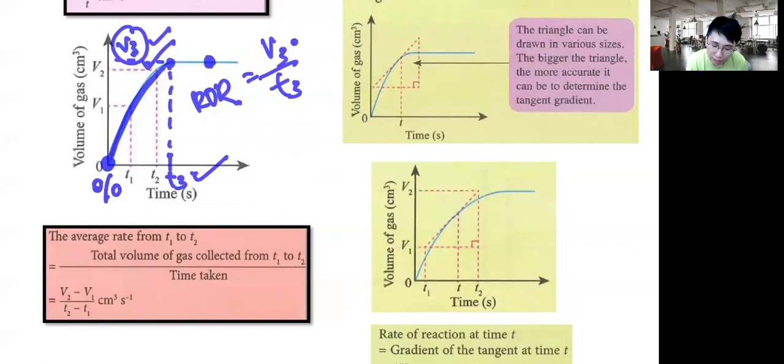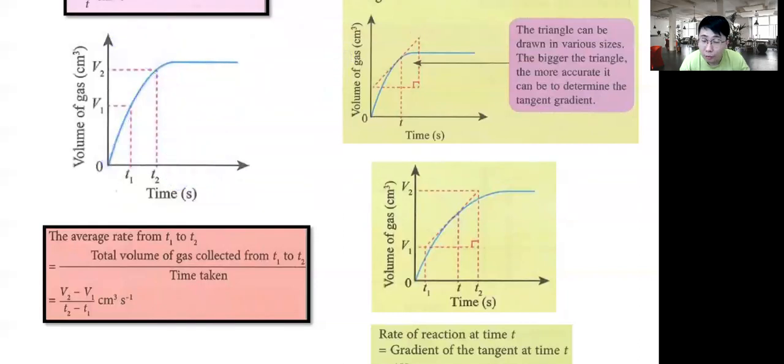So it is supposed to be V3 minus V0 over T3 minus T0, but V0 is 0 and T0 is also 0. That's why we can simplify it to V3 over T3. We call this the average rate of reaction. In a whole experiment, just take the maximum volume, divide by the maximum time, and it must be the point where the line becomes straight.